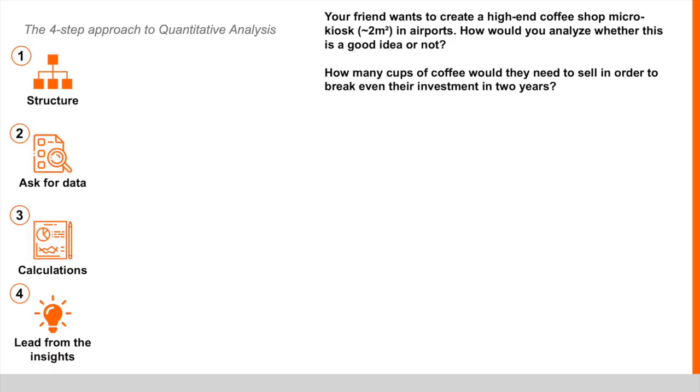Now I'm going to talk to you about the step number 1, structure. Structuring the problem is basically showing to the interviewer what exactly you're going to do from beginning to end to get to the number that they've asked you to calculate. So you'll say, I'm going to do this and this and this and that, and then I'm going to get to the final number.